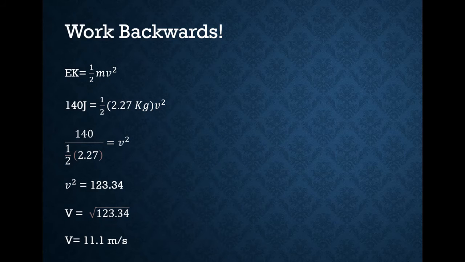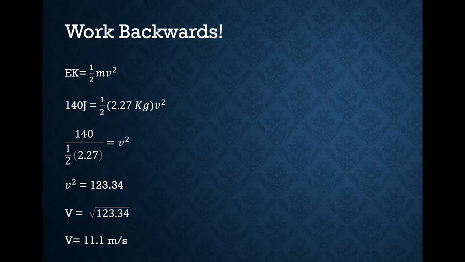To solve this problem, we would need to work backwards. So using the equation Ek equals 1/2 mv squared, you're going to substitute what you know. So it'll turn into 140 joules equals 1/2 times 2.27 kg times v squared. You are then going to isolate for v squared by dividing the left side by 1/2 times 2.27 kilograms.